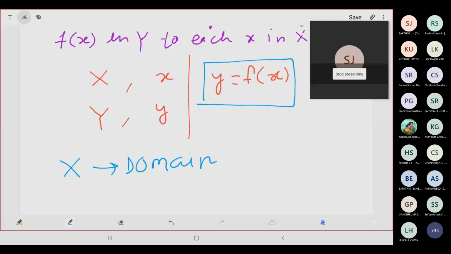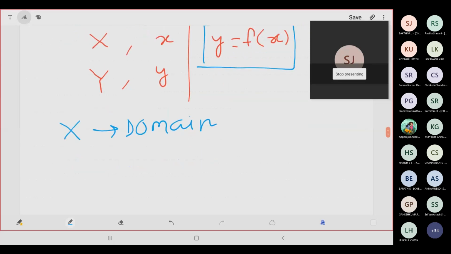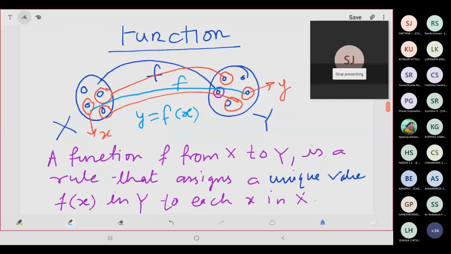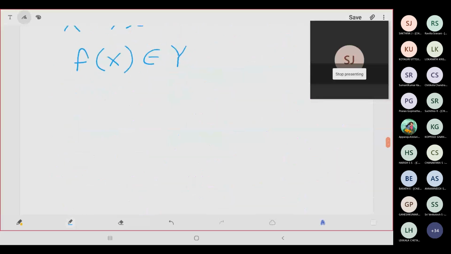And the region corresponding to the f(x) in the Y. Suppose all the elements are mapped by the function small f. So once again, by a different graph, you can easily understand.